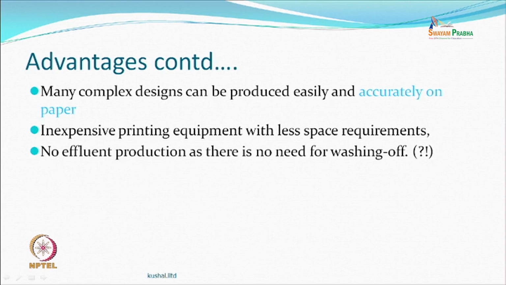And if everything is right, you do not have to wash off. One case in point is disperse dye and polyester. If it is already diffused in, you do not need to wash off. Even in dyeing, you have to do many other sequences with disperse dye, in STHP as well. And so, no effluent production.